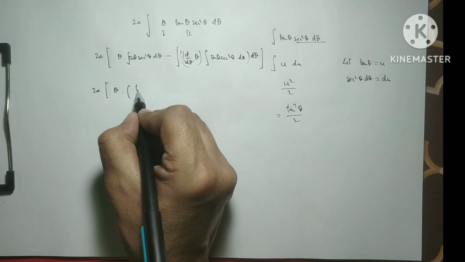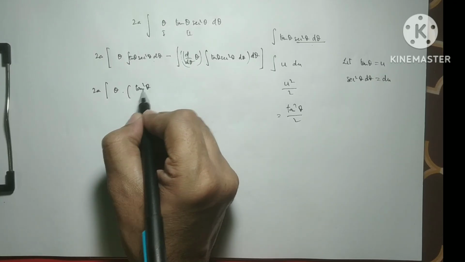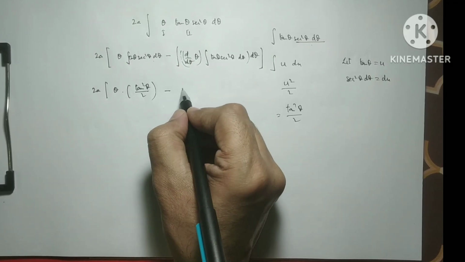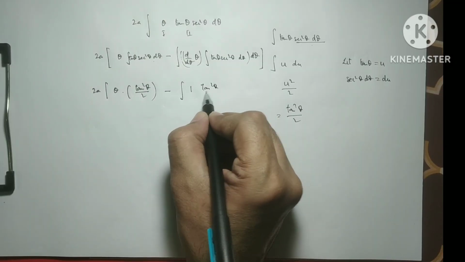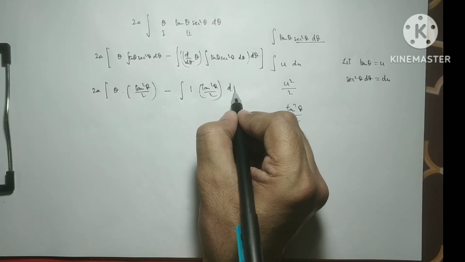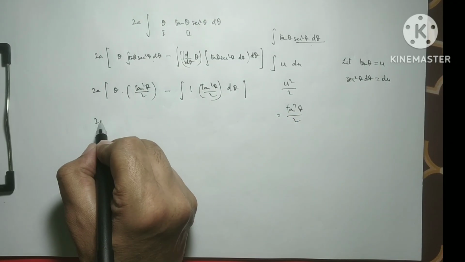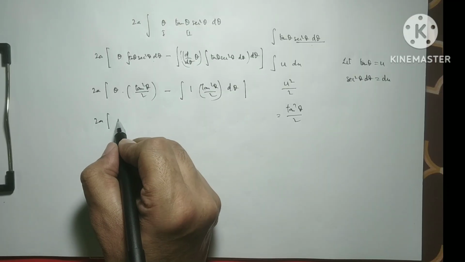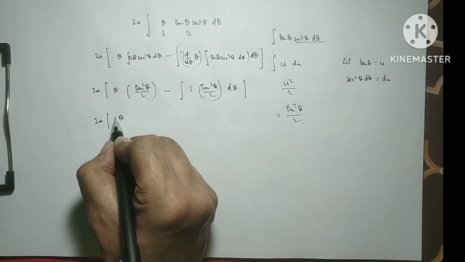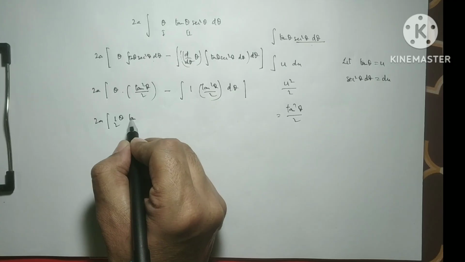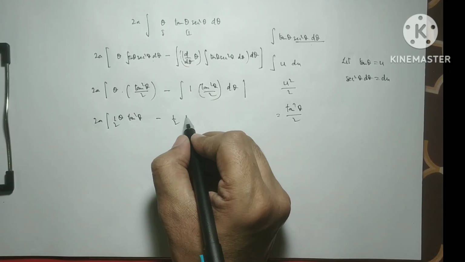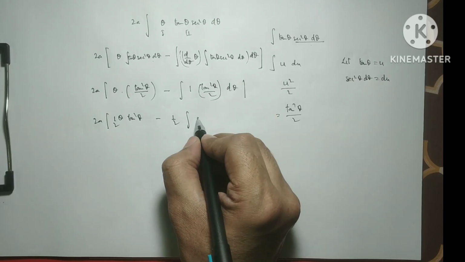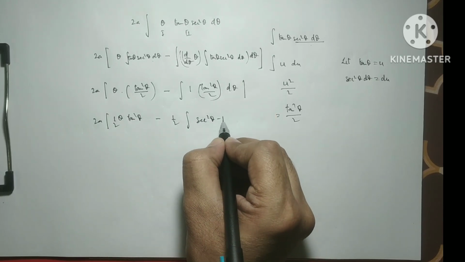So we can put it directly, minus it is 1 and this is tan square theta by 2 d theta. So it is 2a theta tan square theta by 2 minus... we can place tan square theta as sec square theta minus 1.